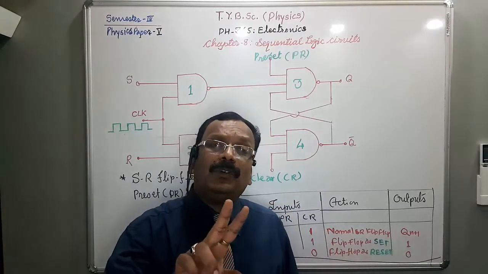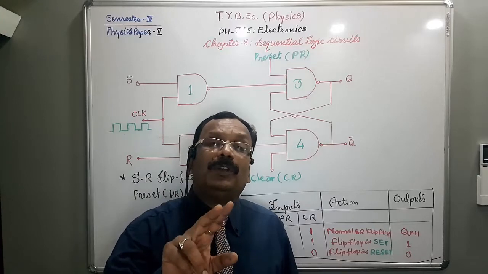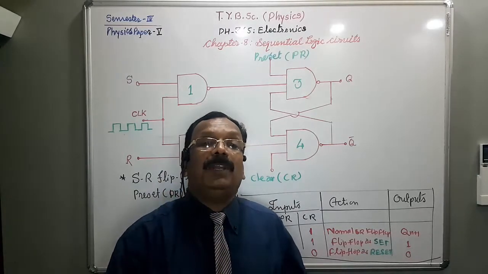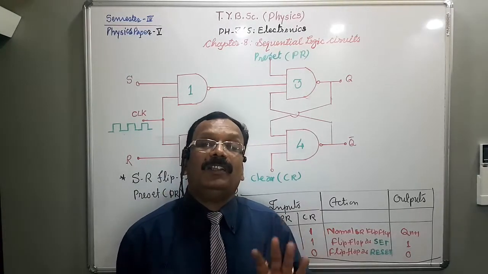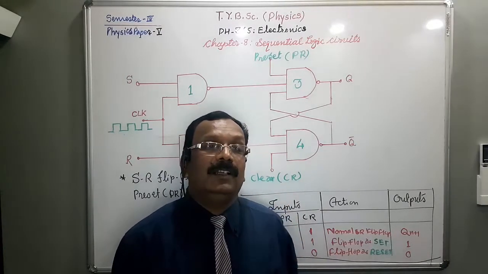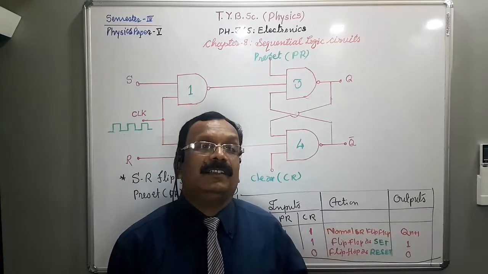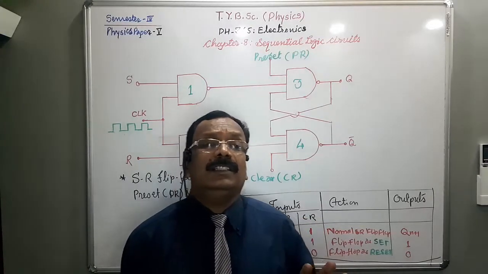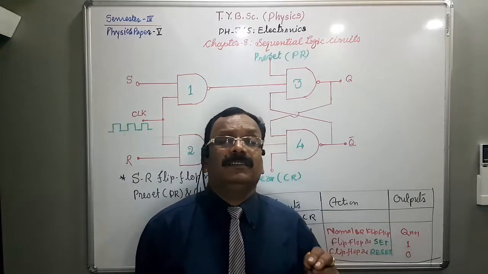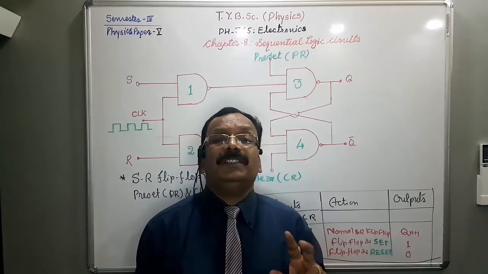When Q is equal to 1 and Q bar is 0, at that time the flip-flop is set. But this is uncertain when the power switch is turned on.